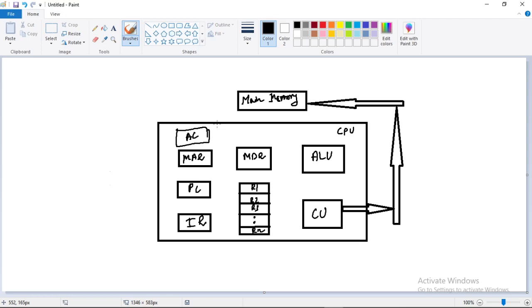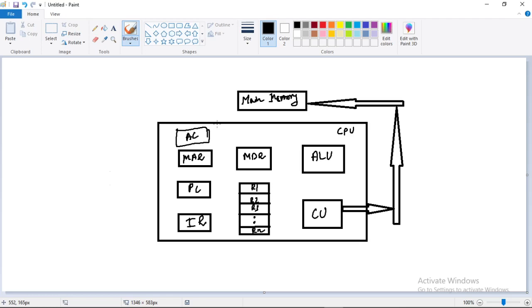Suppose the number associated with that instruction is 32, for example. That means if you provide 32 to the computer, it will understand that it will perform the addition operation.